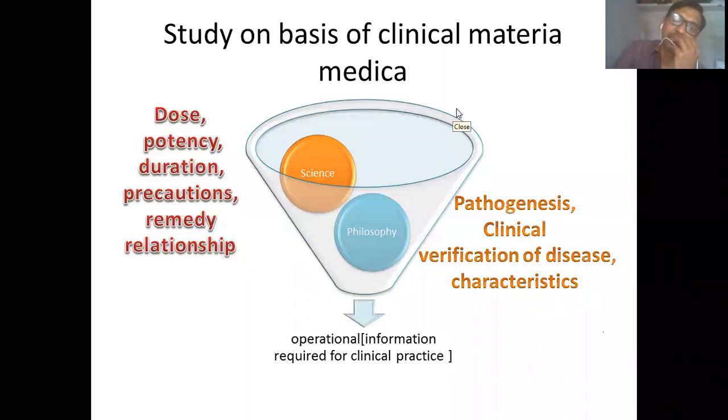So such kinds of precautions are given, and then certain remedy relationship aspects are also given in this clinical materia medica. So I hope you understood the objective of the clinical materia medica method, and you have understood what additional information along with the symptoms has been given in the clinical materia medica, so that all this knowledge of materia medica will be applicable to the sick individual.